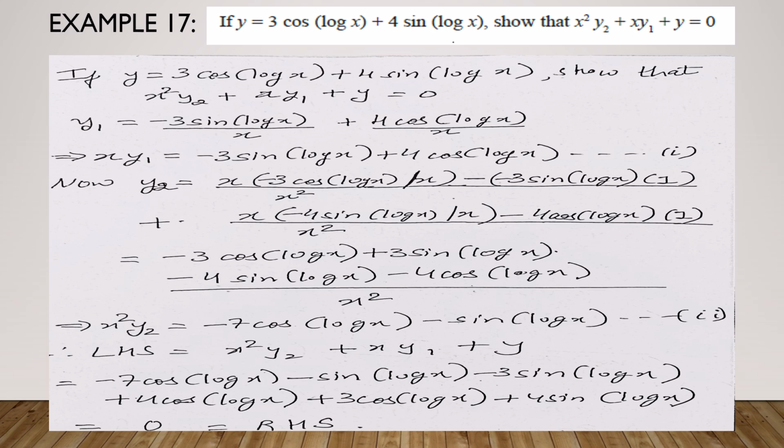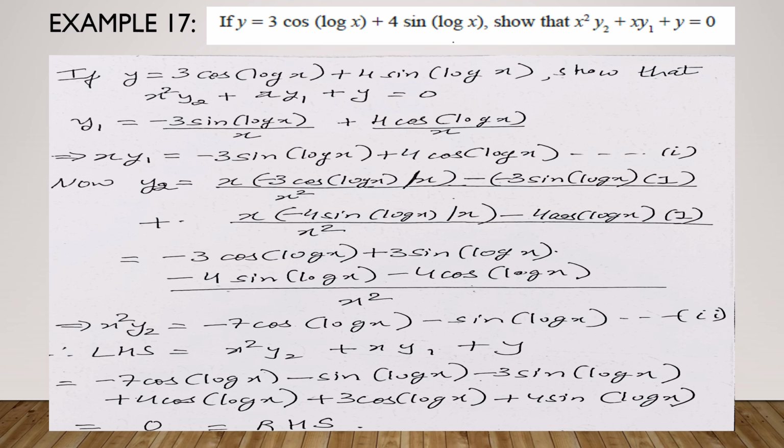See, step by step the difficulty level of the questions, as I said, will increase. Next one, if y is equal to 3 cos log x plus 4 sin log x, show that x square y2 plus x y1 plus y equal to 0. Remember, your y1 is the first derivative of y with respect to x and y2 is the second derivative. So first we find the first derivative, which is y1.